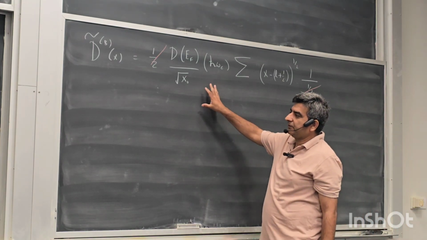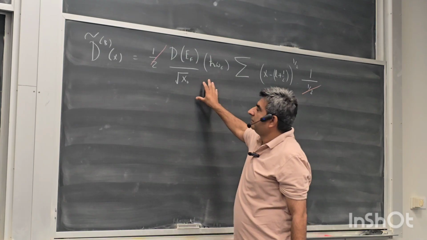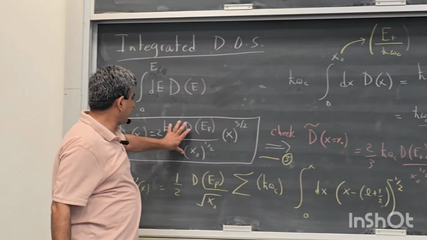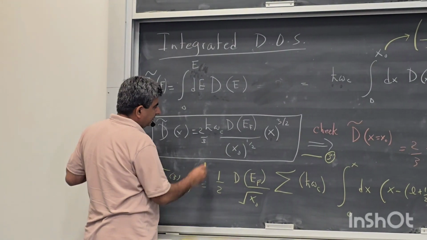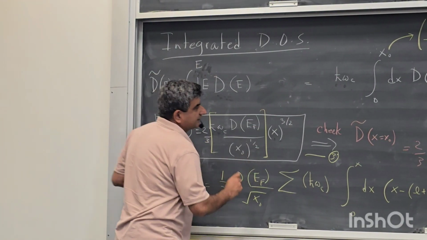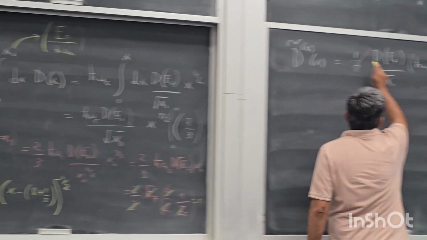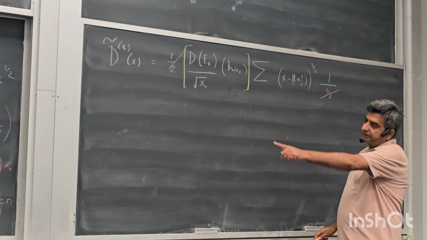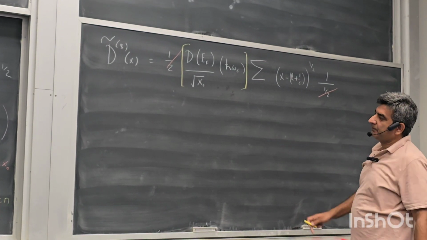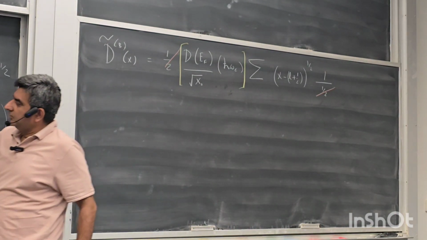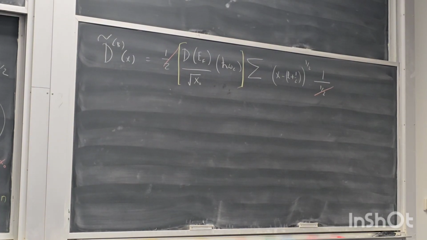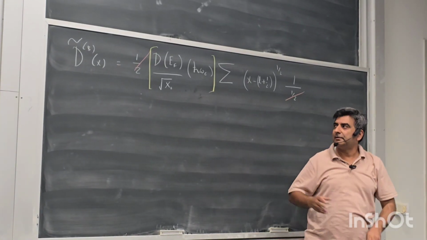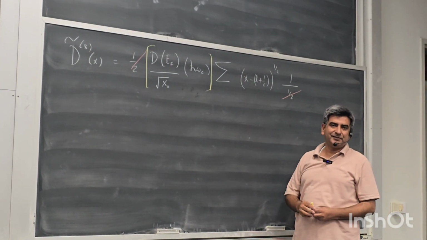Okay, so this part seems to be very similar to the part that we have over here. So this part here is exactly similar to this part. There's an additional factor of 2 over 3 over here. The functional form is given by x to the power 3 by 2, and here it's given by a summation over square root functions.